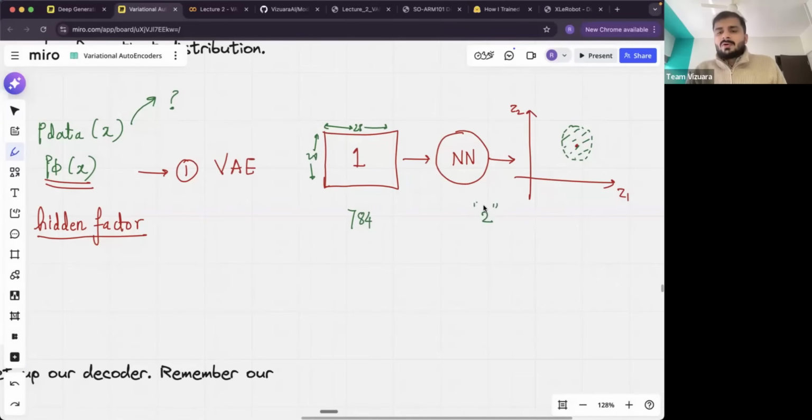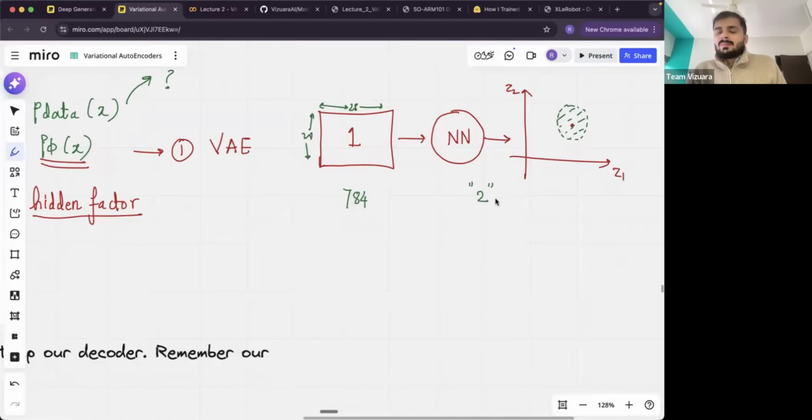But here, since we want a distribution, for Z1 we have a mean and a variance, and for Z2 we have a mean and a variance. So in reality, we have 2 values for the mean and 2 values for the variance. So the input of our neural network is 784 dimensions, and the output is 4 dimensions.